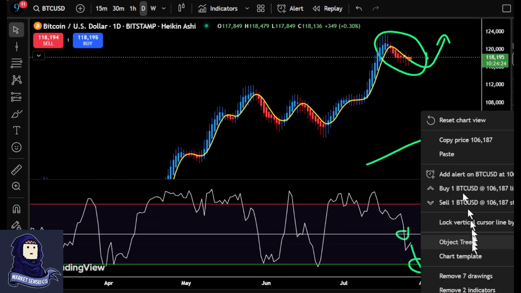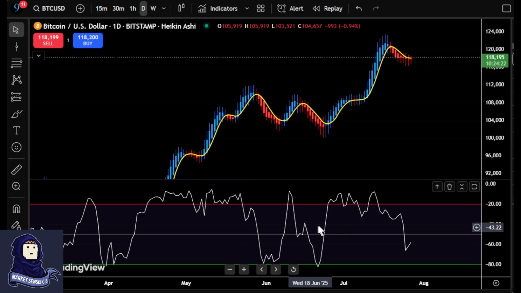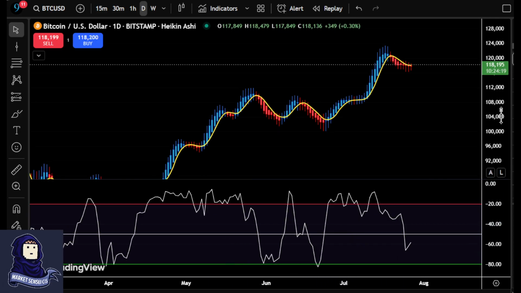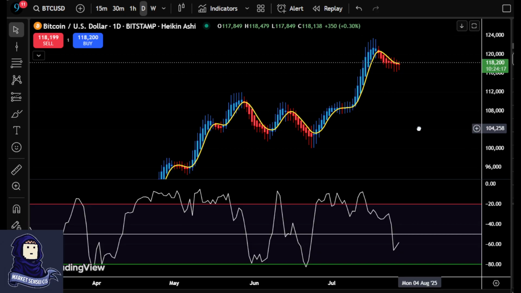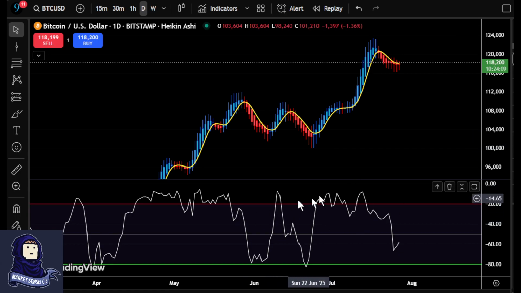Personally, I don't really use the Larry Williams method. I prefer my own method because I understand it better, and there are just too many false signals with this one. In my opinion, it's very hard to trade because of all these false signals.